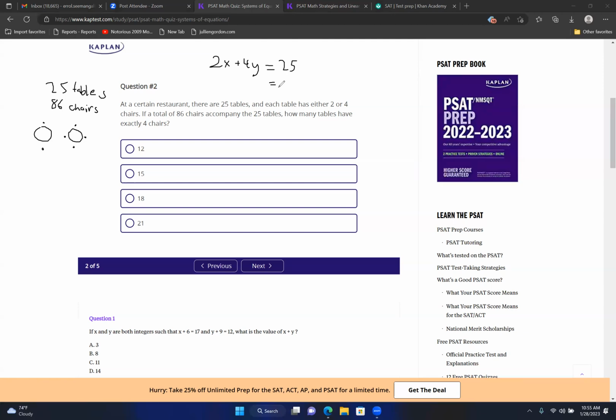We have to come up with 2 equations. If a total of 86 chairs, so this one is 86.